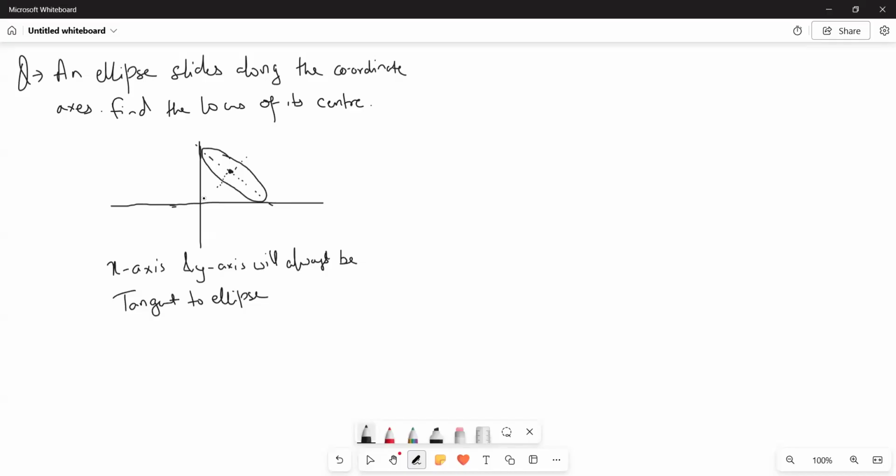Okay. But what is the nature of the two axes? The two axes are always perpendicular to each other. So what will happen to origin? Origin will become the point of intersection of perpendicular tangents.